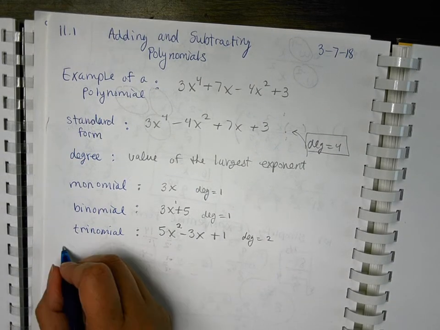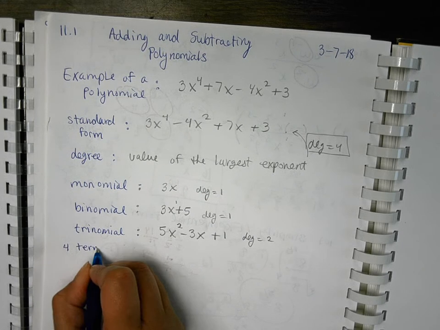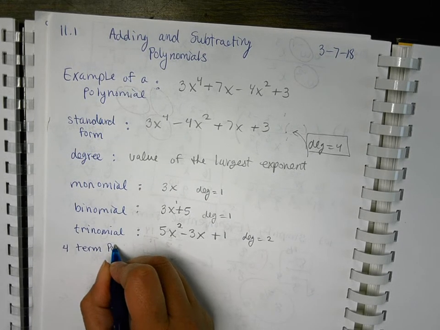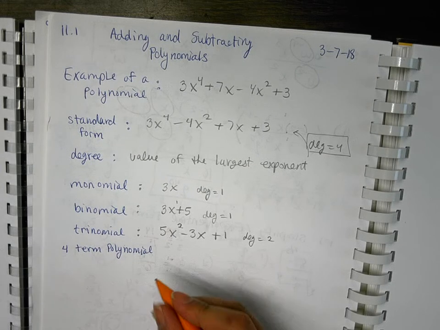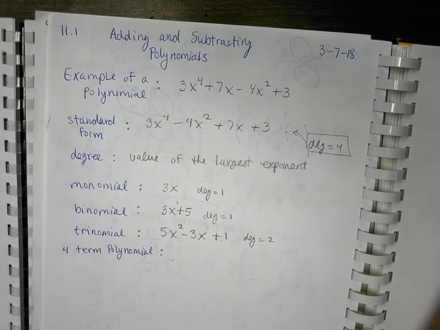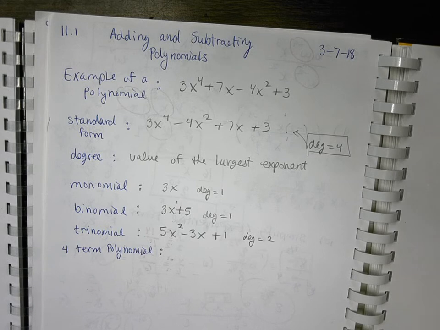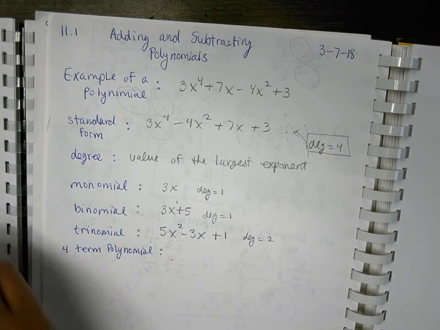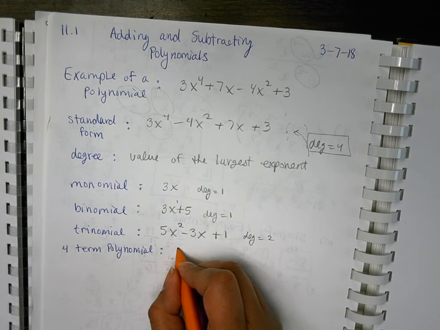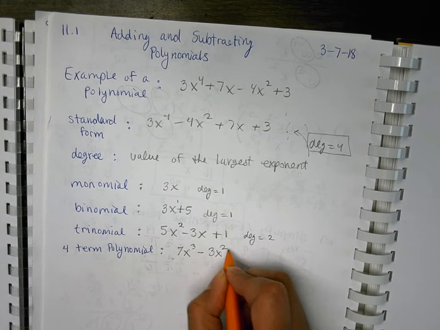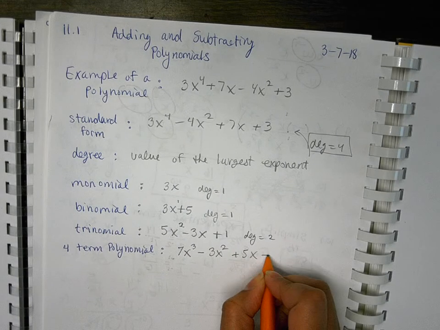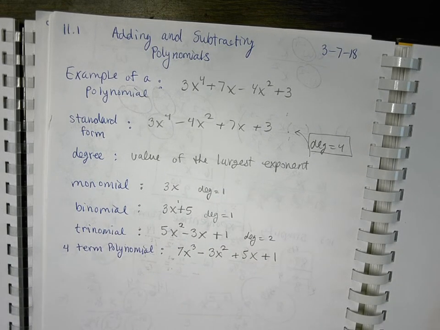4-term polynomial. There's no special name past a trinomial, so 4-term polynomial, 5-term polynomial. All right, so let me give you an example of one. 7x to the third minus 3x squared plus 5x plus 1. Why is this a 4-term polynomial?